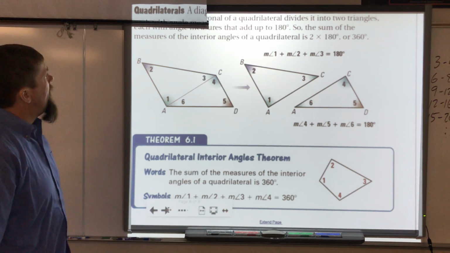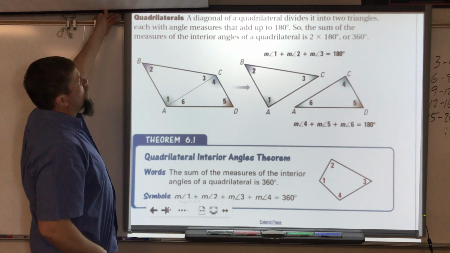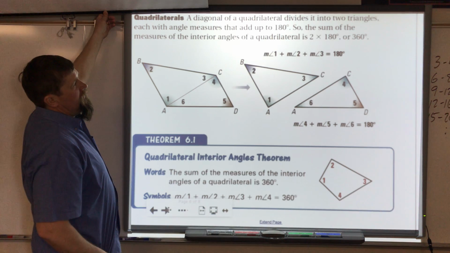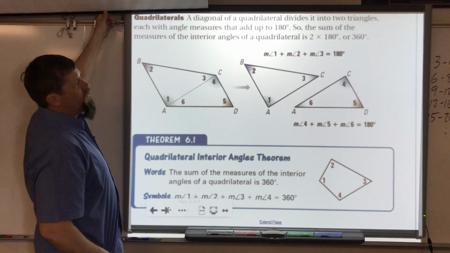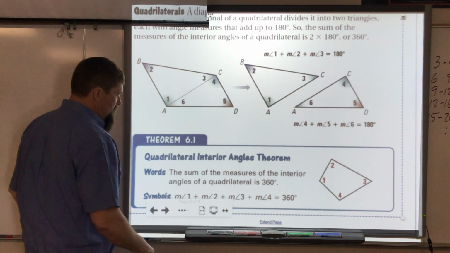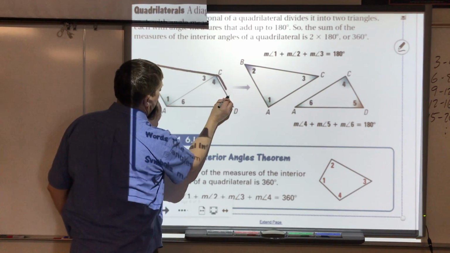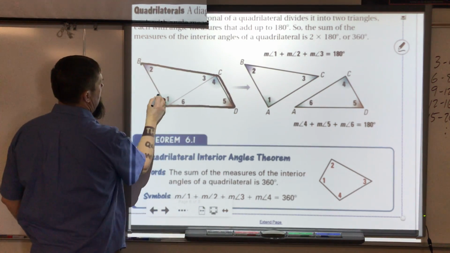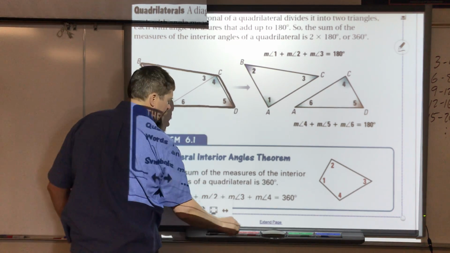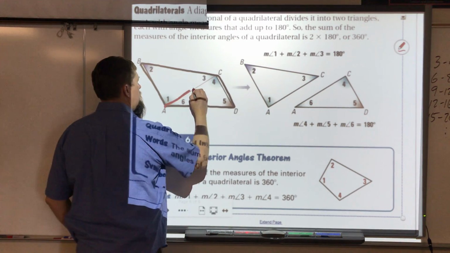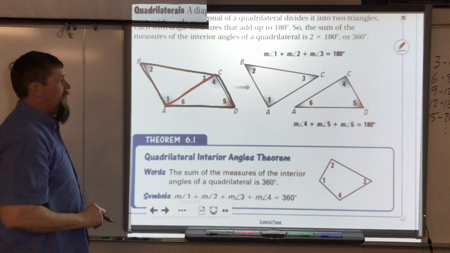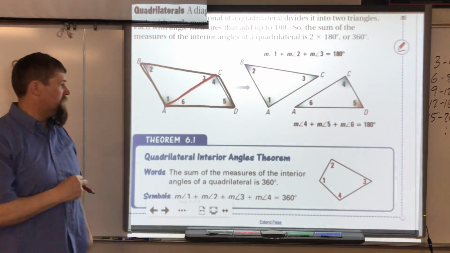Okay, quadrilaterals. A diagonal of a quadrilateral divides the quadrilateral into 2 triangles. So since we have a quadrilateral ABCD, if we draw one diagonal, it breaks up the quadrilateral into 2 triangles.